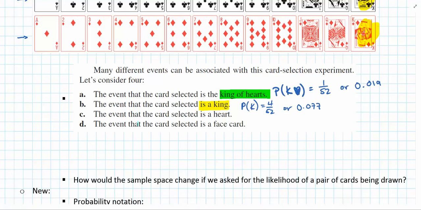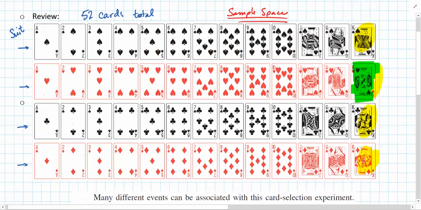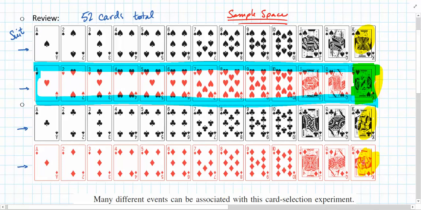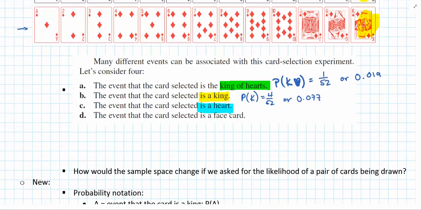Well, what's the likelihood that the card selected is a heart? Again, I can go back up into my sample space and look for all of the hearts. And again, since I've taken the time to generate a very nice, neat, organized sample space here, it's very easy for me to find all of those hearts. And here they are. We have a total of 13 hearts in the deck.